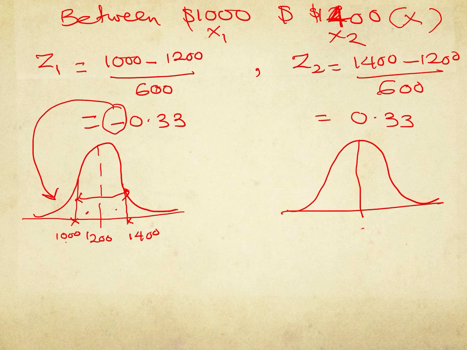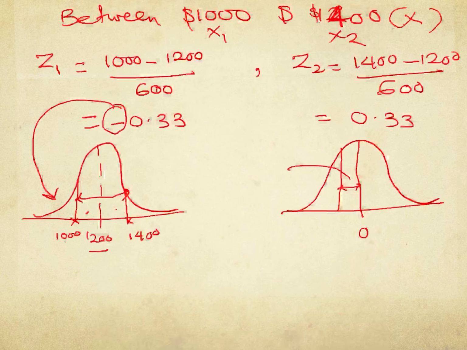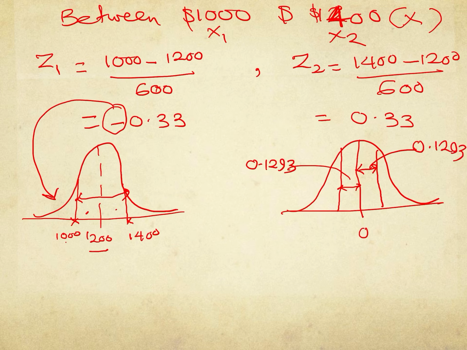So same thing that we did earlier on. So we have a 0 value for the mean, and then for 1,000 this area will be 0.1293, and this area will also be 0.1293. So this is for the 1,000, and that is for the 1,400.